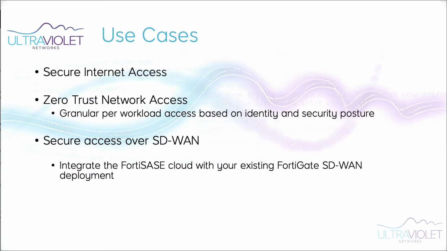Use cases for FortiSASE, secure internet access. A lot of times, the way folks enforce secure internet access today is something like Cisco Umbrella, where it'll filter out DNS requests. And that's great, but it doesn't give the full picture. It just shows what they're querying.